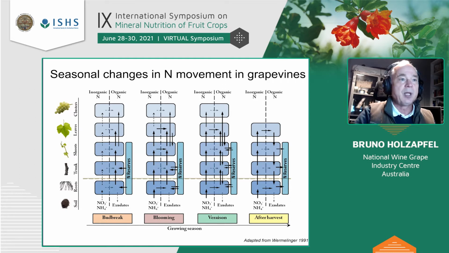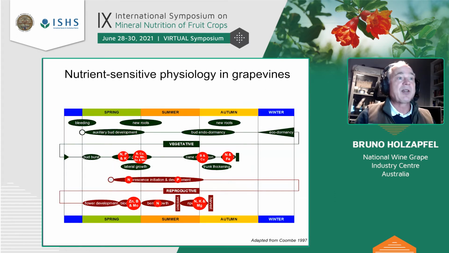pre-leaf fall or pre-harvest. So there are some key points during the growing season where nitrogen plays a particular role. For vegetative growth, this is the shoot growth, but also later in the season, at the end of the season, if they're well supplied with nitrogen, leaves stay on longer.